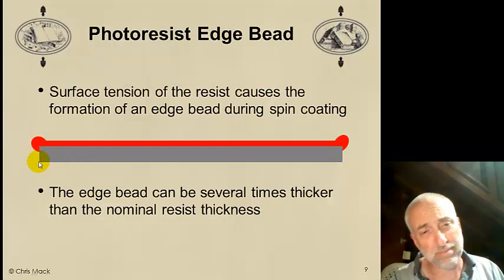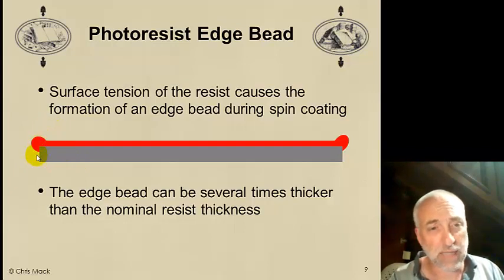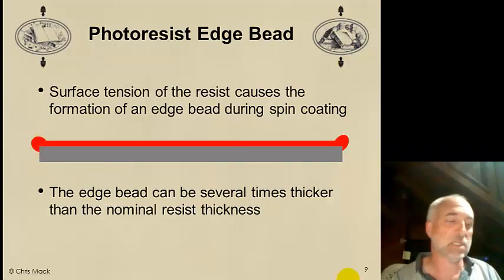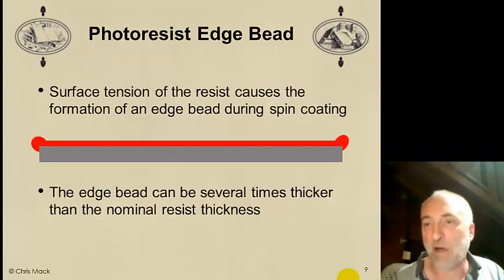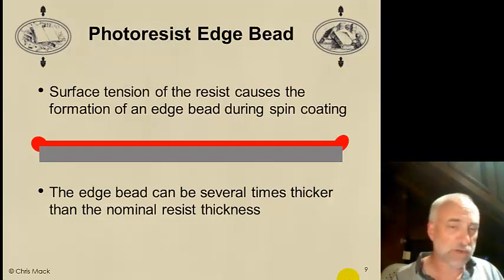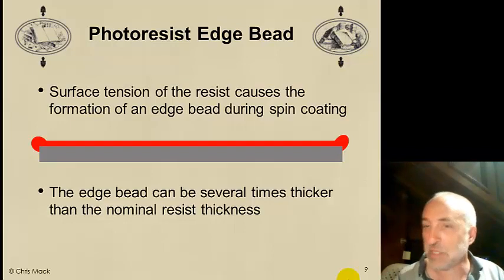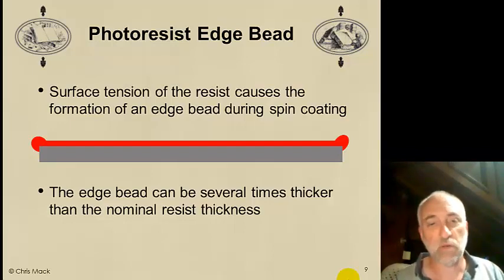This is a nasty bit of resist on the edge. If we ever try to grab the wafer on the edges, we will get particles of resist flying off everywhere. It's very bad for contamination. So we end up removing this material with an edge bead removal.